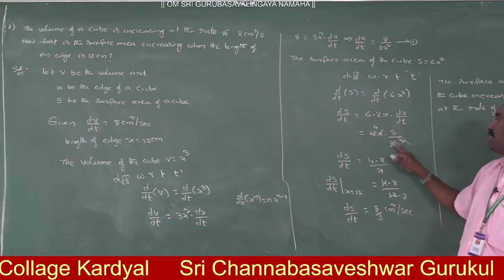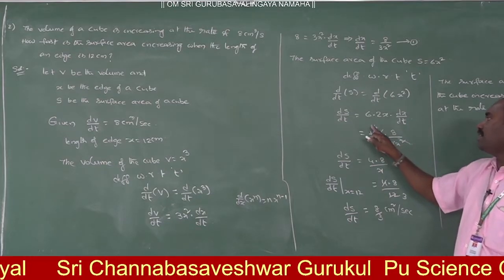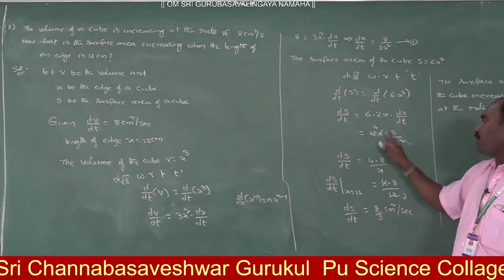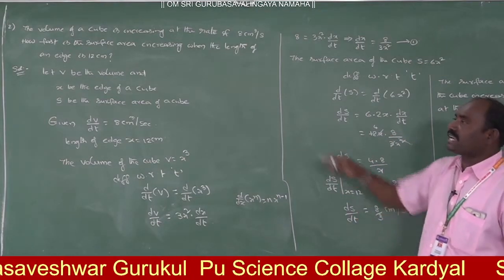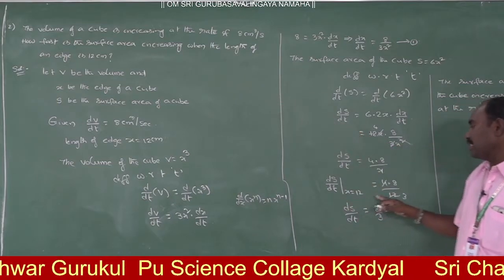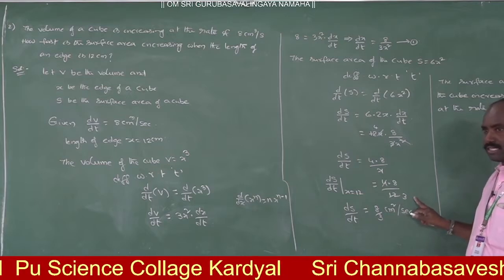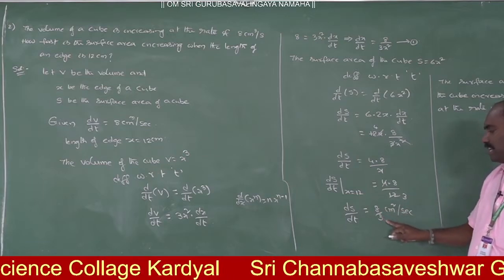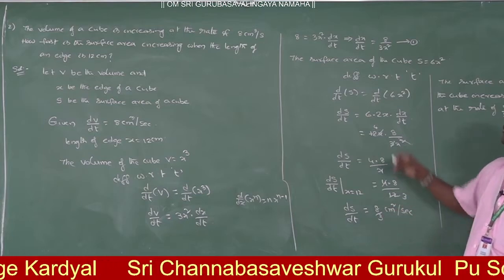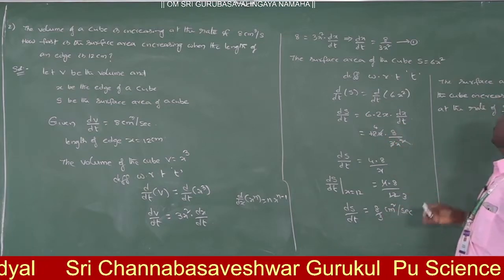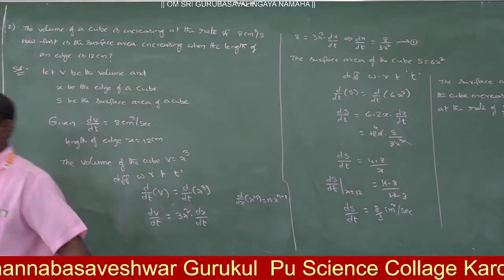One x cancels, 3 ones are 3 and 3 fours are 12. That means 4 into 8 by x. Here ds by dt at x equal to 12. x equal to 12 means 4 into 8 by 12. 4 ones and 4 threes are cancelled. That value equal to 8 by 3 centimeter square per second. This is the rate of change of the surface area, 8 by 3 centimeter square per second. Important problem.